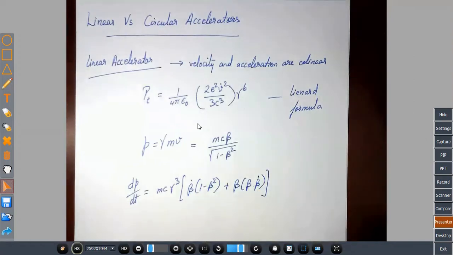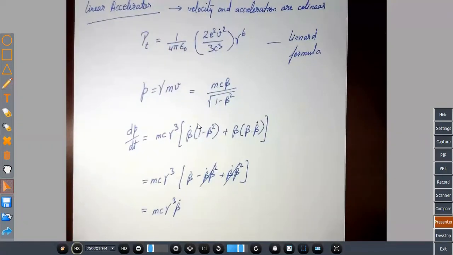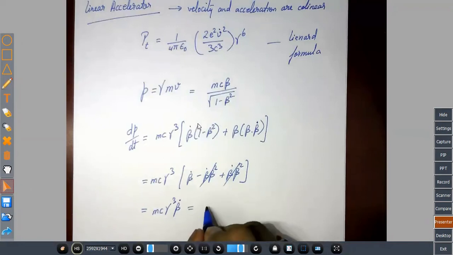This is the same differential that we obtained yesterday. This will cancel out. Now converting this beta back into v upon c.